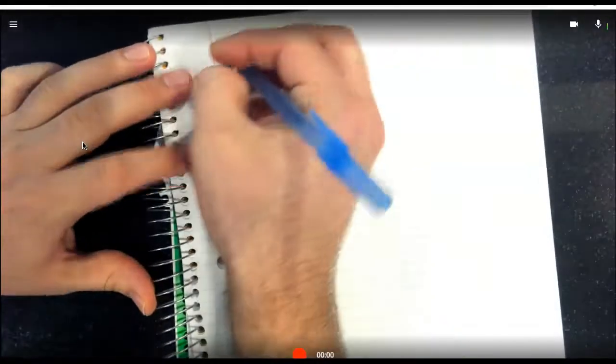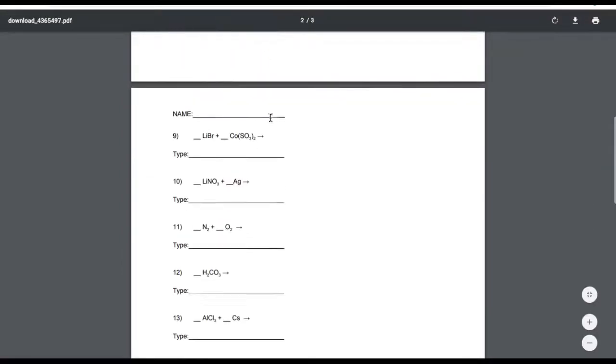Okay, if we take a look at number 10 on the worksheet, number 10 has lithium, let me scroll down, lithium nitrate combining with silver.